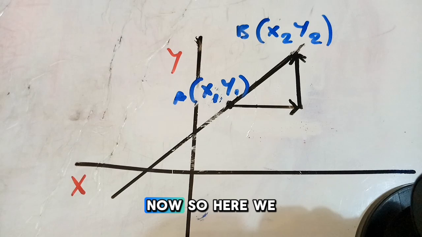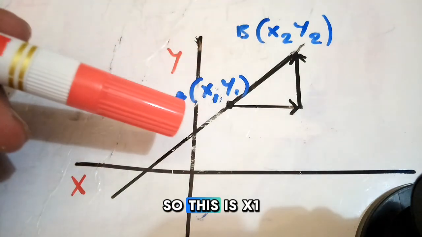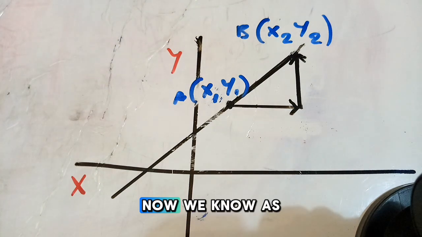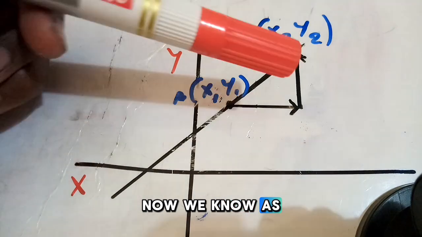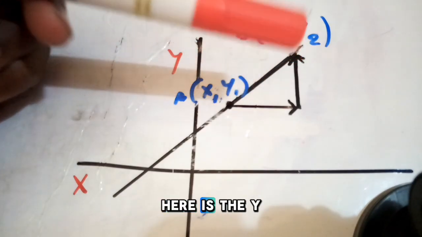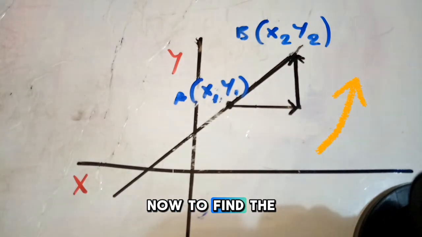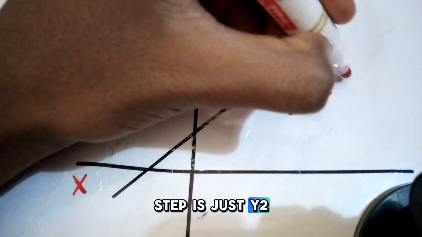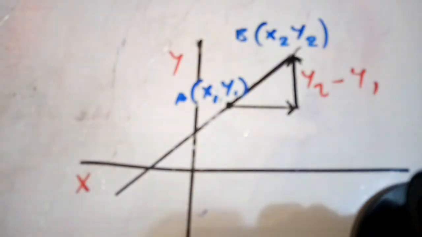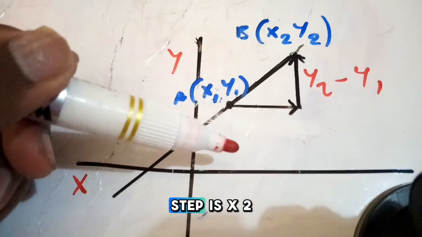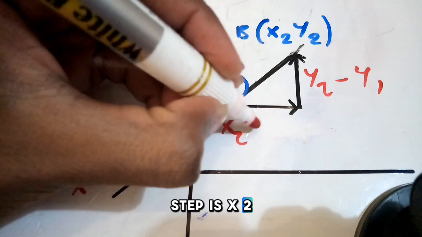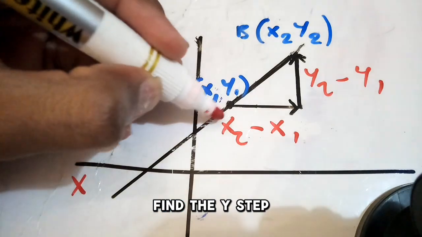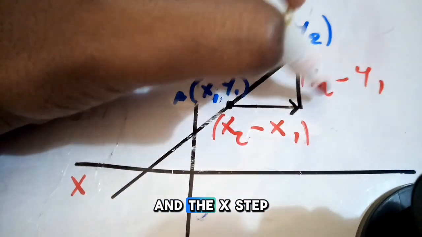So here we have our A and B. This is x1, y1, and x2, y2. As we said, this vertical rise over here is the y-step. To find the y-step, it is just y2 minus y1. And then our x-step is x2 minus x1. So that's how we find the y-step and the x-step.